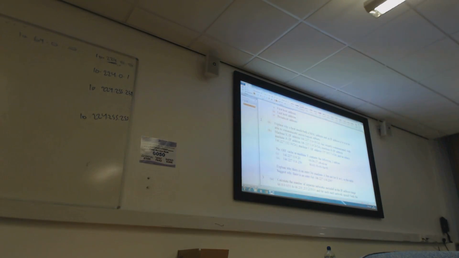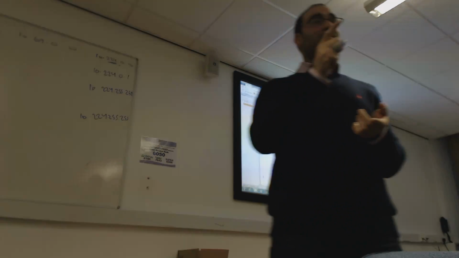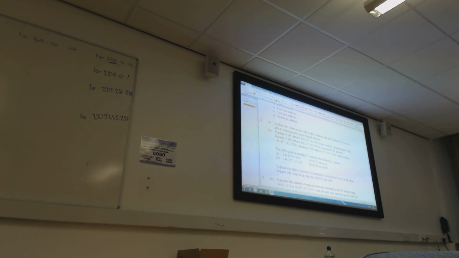Look at the subnets, the masks of them, and see. The router will be the second part of the question. I'm not worried about that. Give me the first one. Even if you connect to the router, why is there only an entry for A and none for B and C? Machine A is on the same network. By the same network, it means the same subnet. Just give me the analysis behind it.